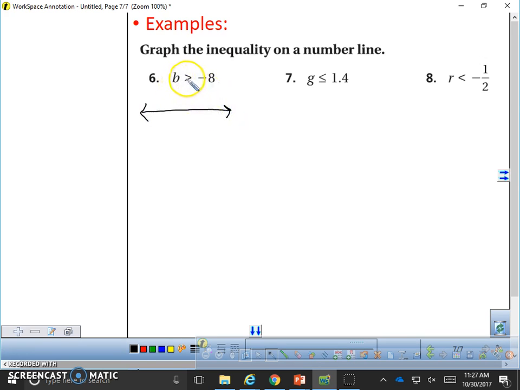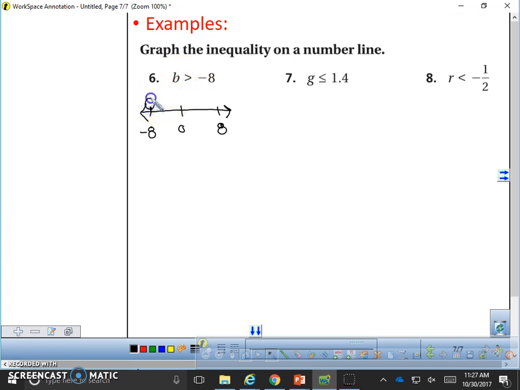So b is greater than -8. I want to see 0. Show me where 0 is. Now what direction is -8 from 0? To the left. Write down -8, and then let's go ahead and write down +8. Okay? Show me where the 0 is, showing me the number that you want, and showing me its opposite. Now, b is greater than -8.